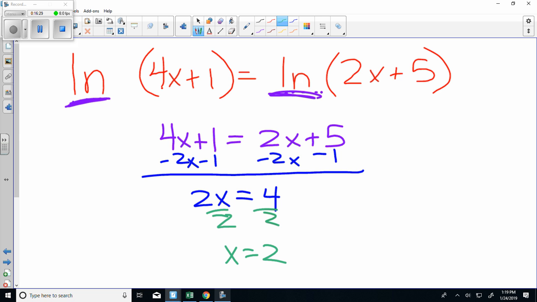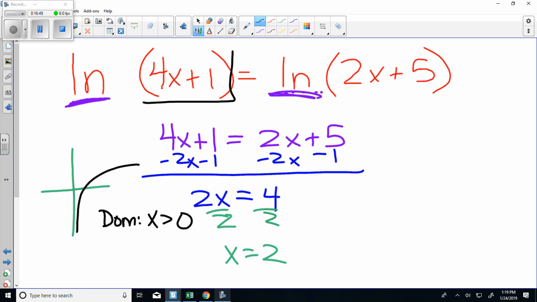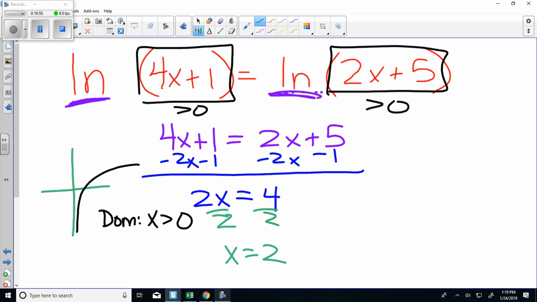Now, remember a logarithm is the inverse of an exponential, and a logarithm on a graph looks like this. And the domain for a logarithm is x has to be greater than 0. So that means this value has to be bigger than 0, and that value has to be bigger than 0.